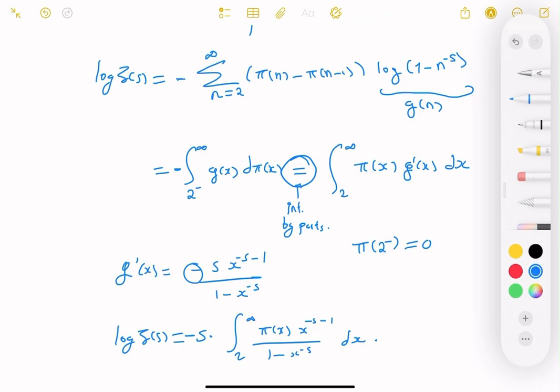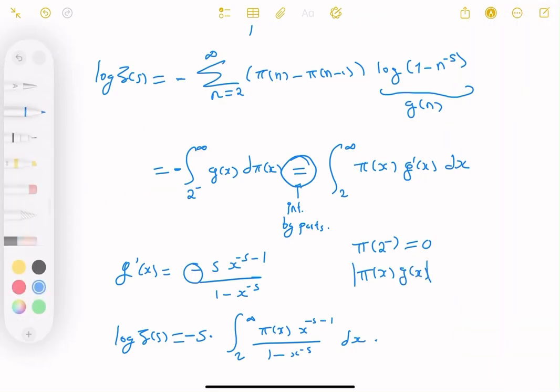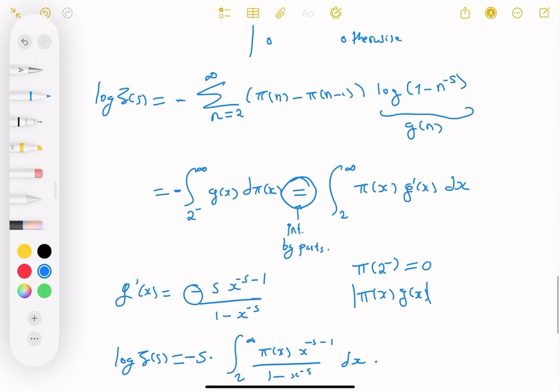The other observation is that pi of x g of x is bounded. Let's see what it's bounded by. Pi of x is the number of primes up to x, but there can't be more than x, because these are all the integers.